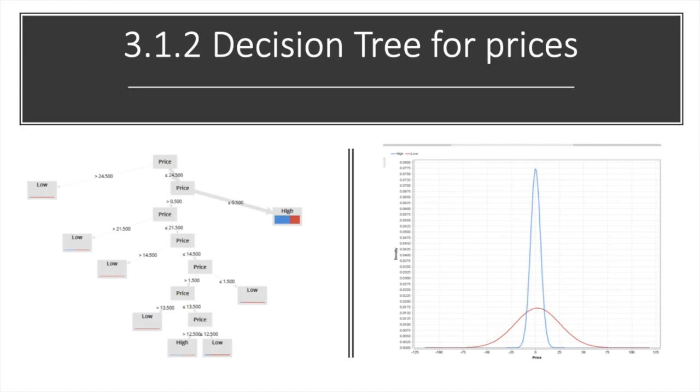Naive Bayes curve also provides some interesting and useful information. In this figure, the blue curve represents the probability of high demanded prediction, while the red curve represents the low demand prediction.